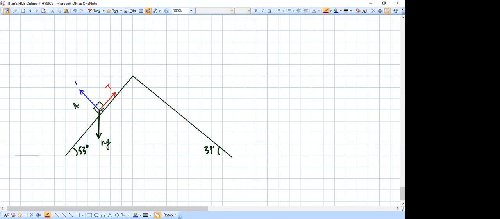This is the normal reaction that the surface is applying. This is along this line. And the tension is along this line. Okay. So here now this angle will become 53 degrees because of this right angle triangle. This angle is 53 degrees. And the block A is accelerating in which direction? It's accelerating along the inclined plane.